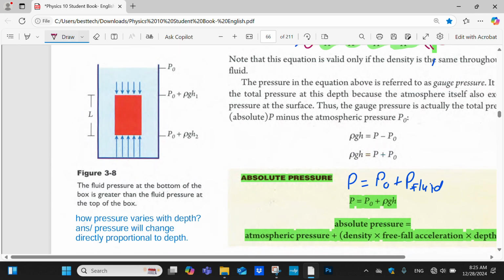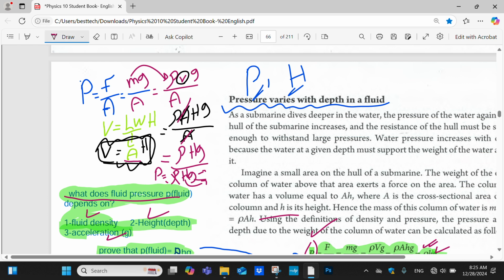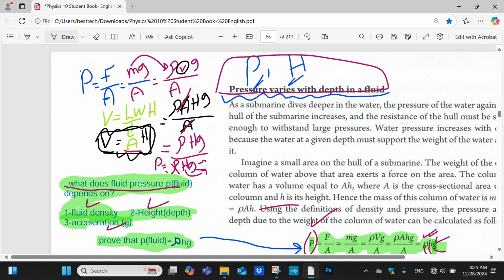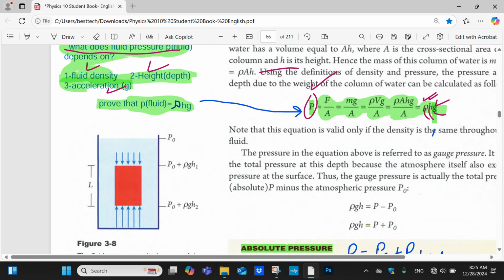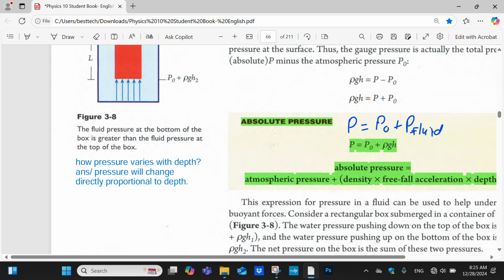Students, look, we have an important question. This is our topic actually. To answer this question: how does pressure vary with depth, or how can pressure change with depth? The answer is that pressure changes directly proportional to depth.